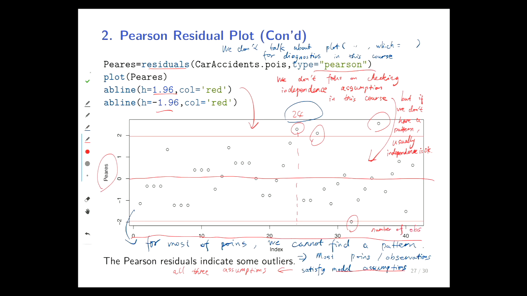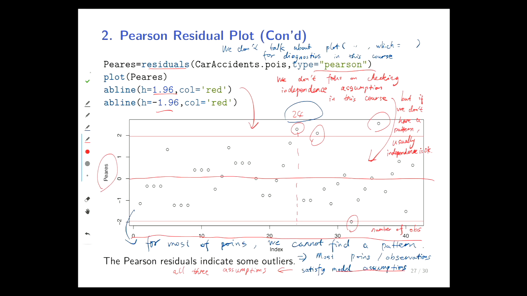If there is some pattern, especially when we have the time series index, that means we have time series observations, and a pattern means we have time dependence. But we do not usually have time series observations in this course, so usually we just ignore it.